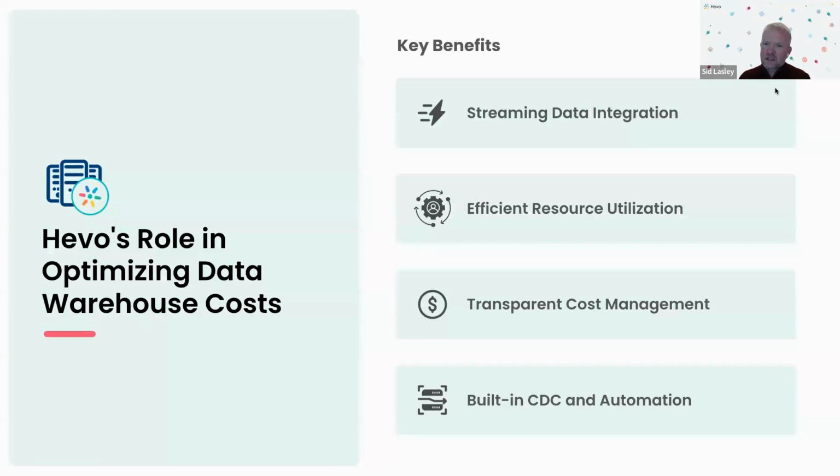Now, when you're talking about Hevo in specific, we can really dial exactly the frequency in which you ingest and load data. We can do it at any interval from a batch interval all the way to real-time analytics using streaming data integration. We are able to efficiently manage and monitor the resources. We can scale up and scale down pipelines automatically.